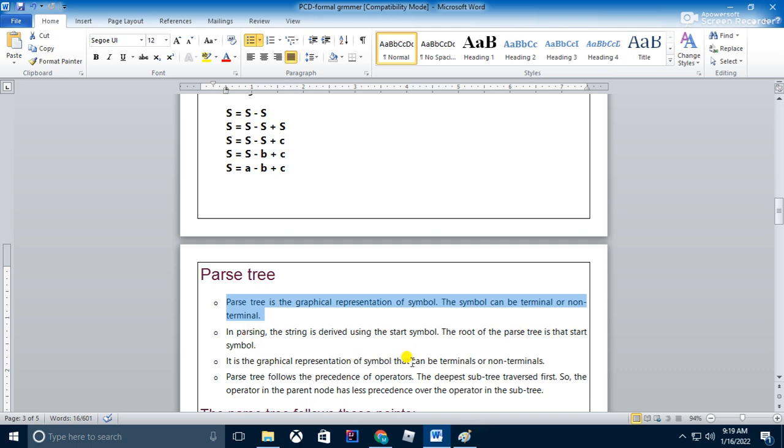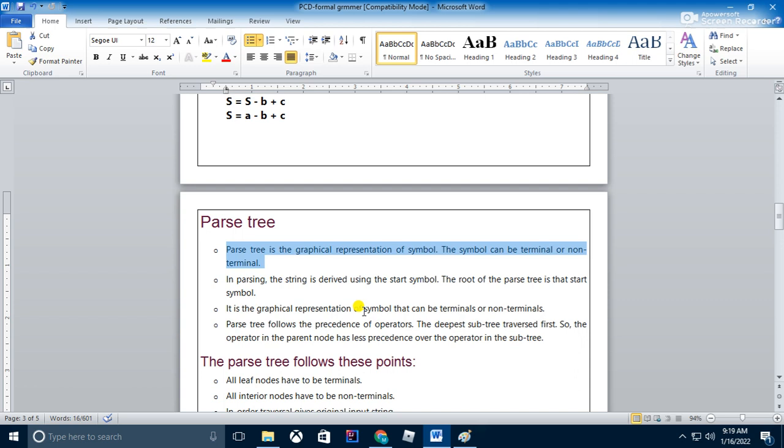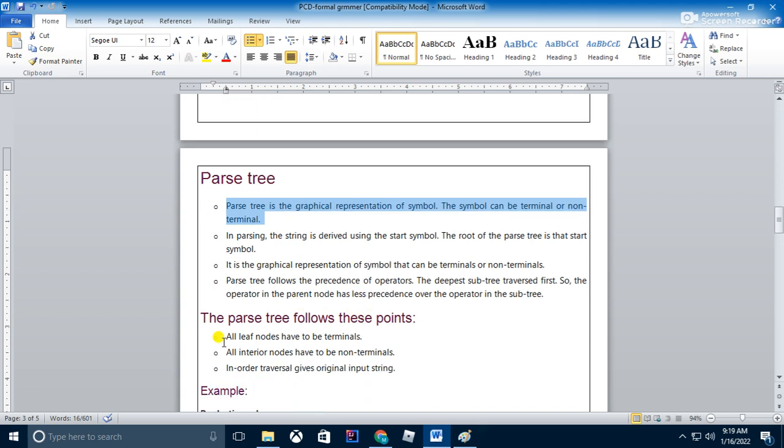Now the parse tree follows points like the leaf nodes have to be terminal. The interior nodes must be non-terminals, in order to traverse the given original input string.